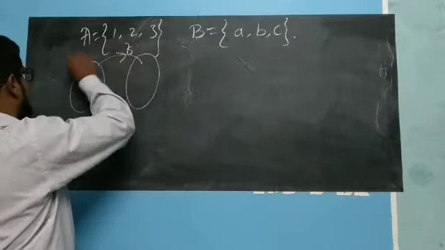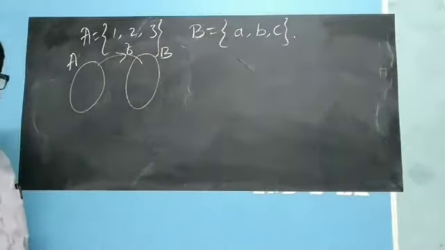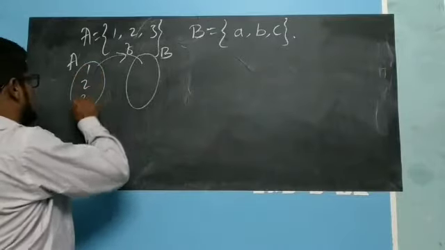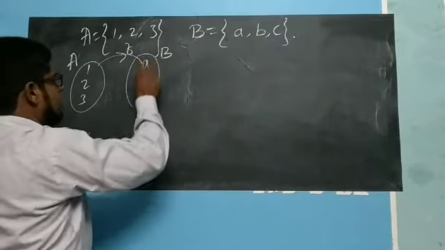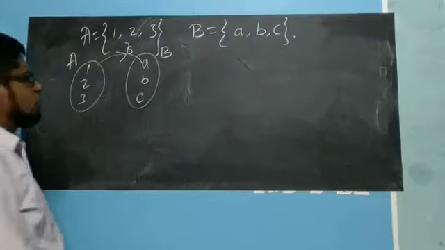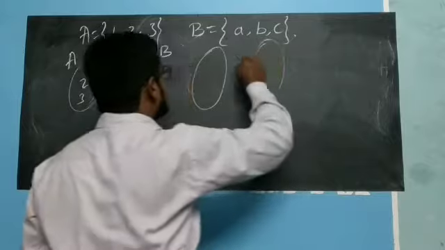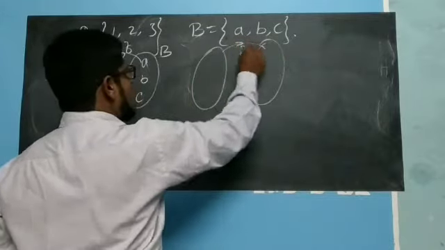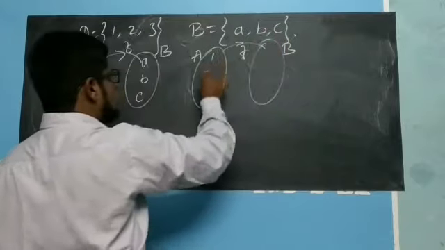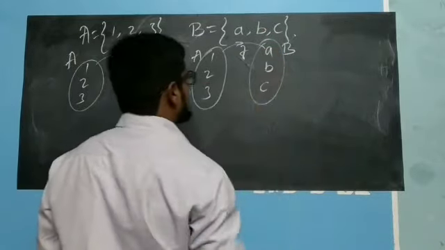The elements of set A are 1, 2, 3. Elements of B are A, B, C. I'll take a few more diagrams so we can understand better.